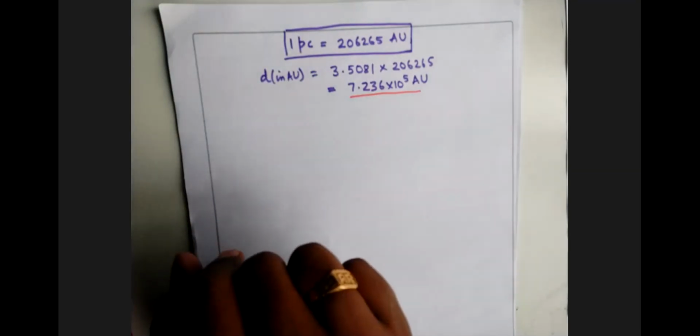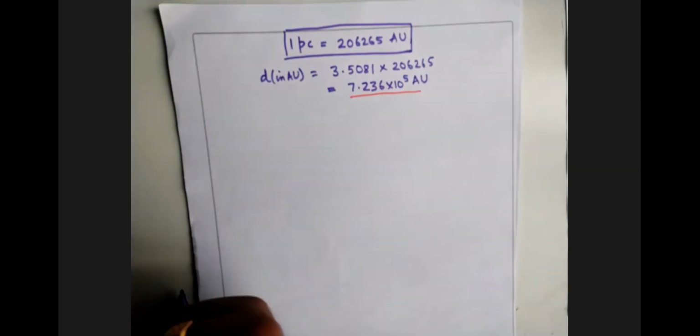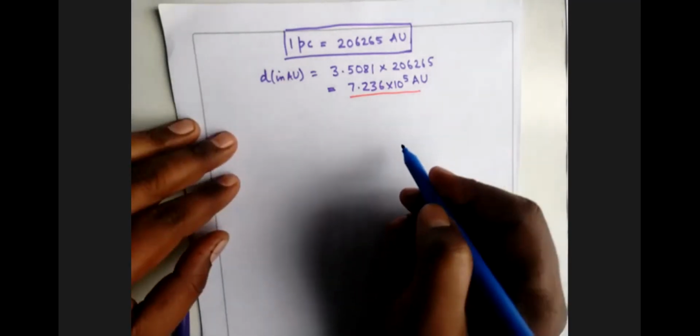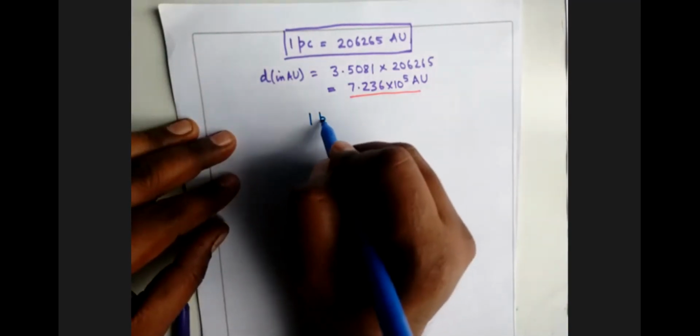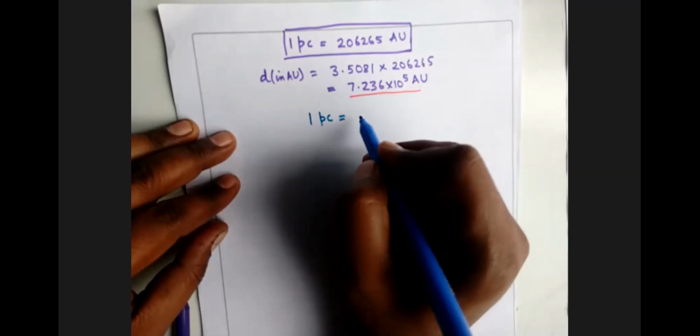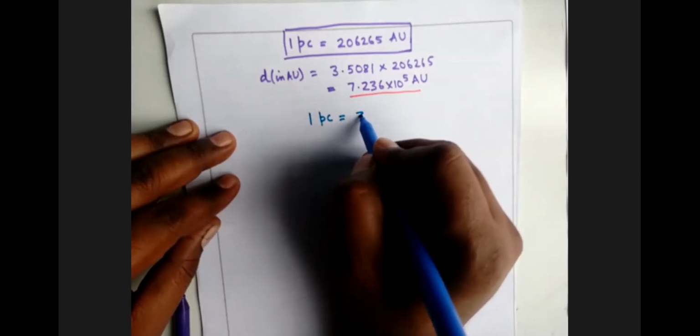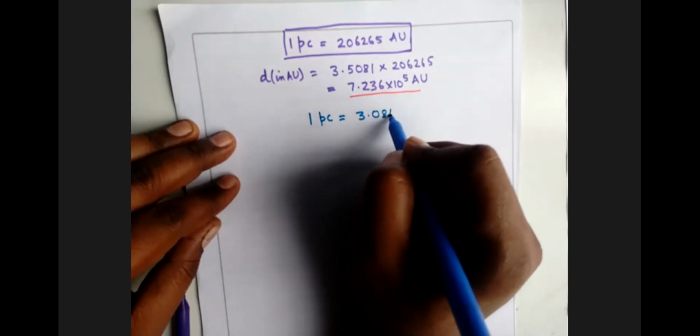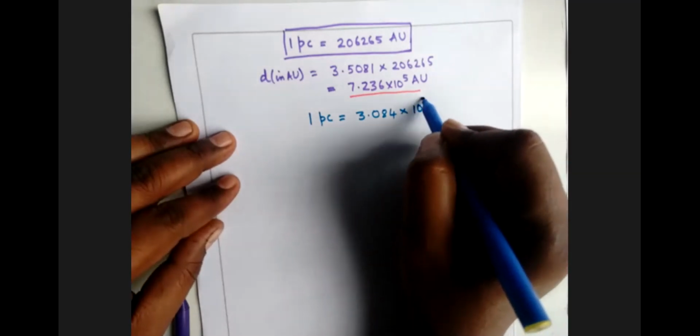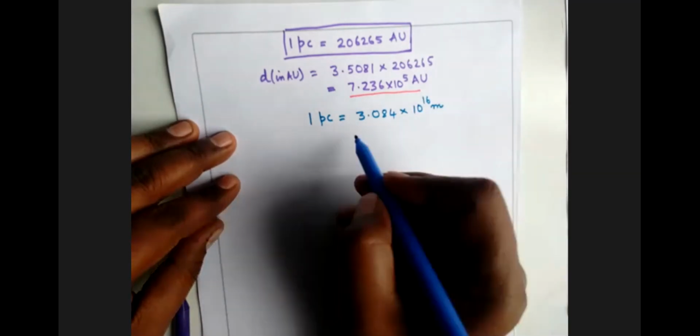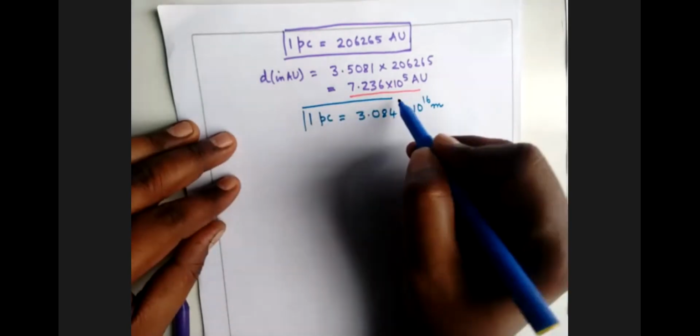Next, to find the distance in the SI system, that is in meters, let us write the relation between the parsec and the SI unit. 1 parsec is equal to 3.084 × 10^16 meters.